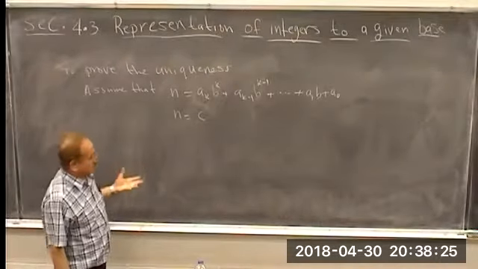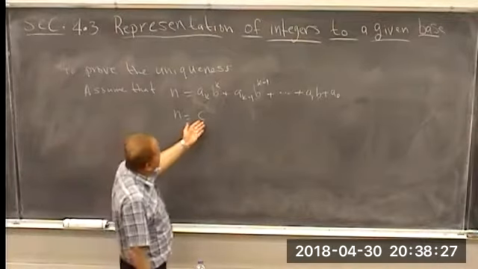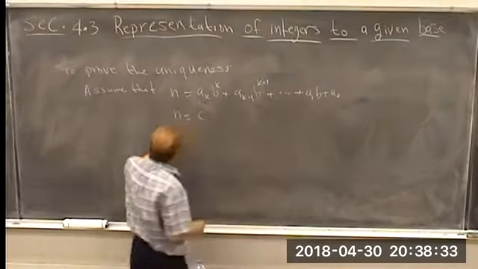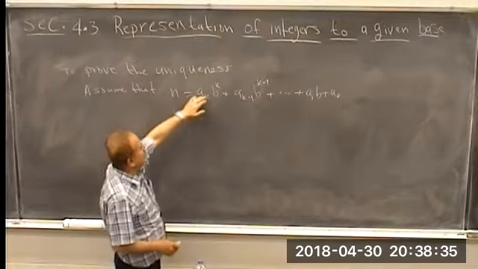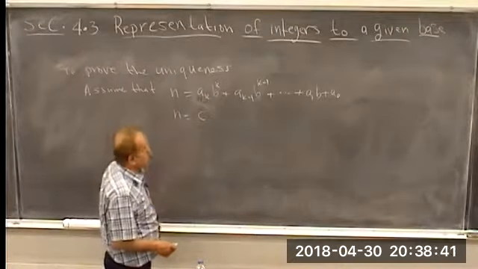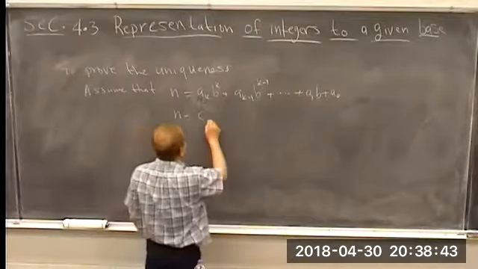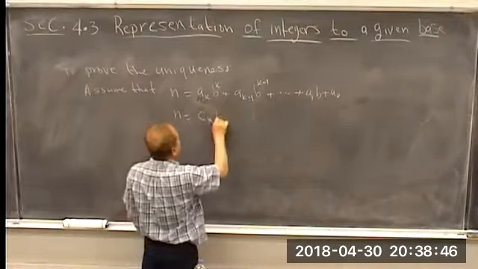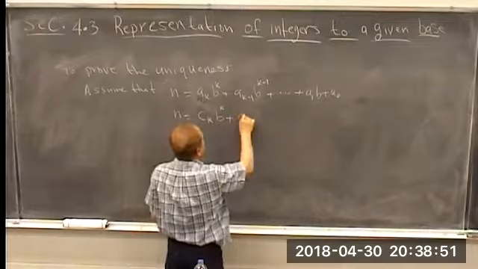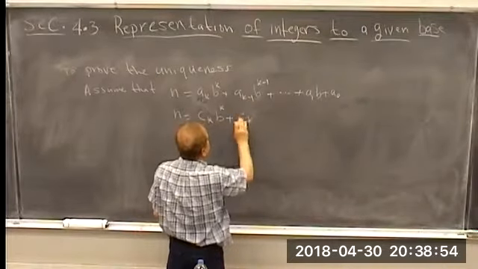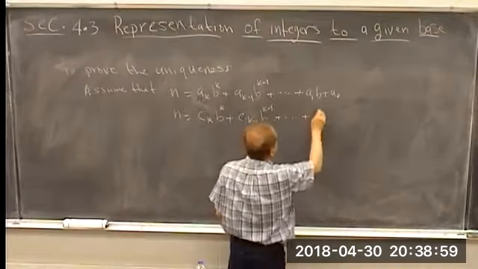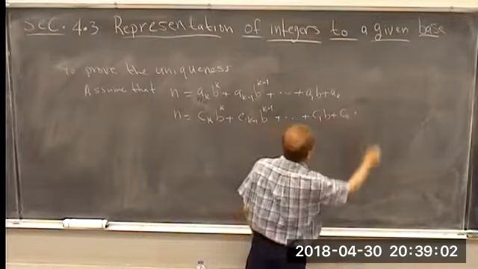Here, if we have to, we can assume some of the c's are equal to 0. So we're going to make the length of the expansion of n using the a's or the c's the same. At the end, we're going to find that they must be the same. But just in case, we could take both of these to have the same number of terms. We have c k minus 1, and so on, c1 b plus c sub 0.